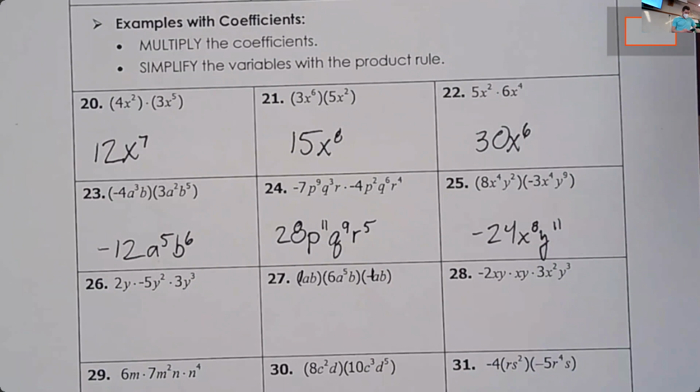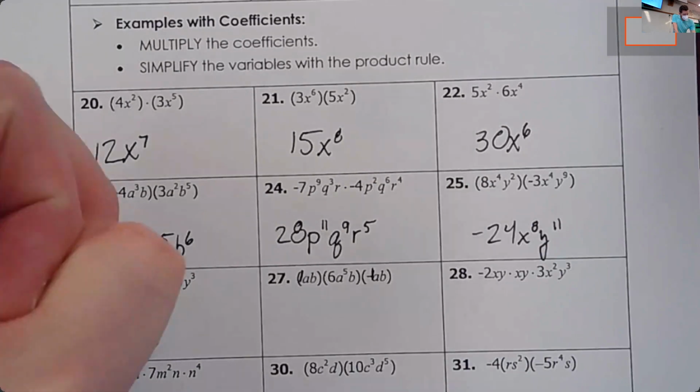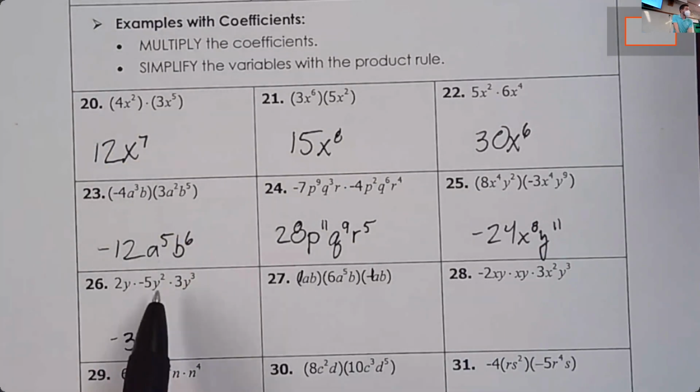Nice job. So number 26. Let's see. Hey, Jane. Jane, 26. Negative 30 times y to the, I see the 2 plus 3 would be 5.